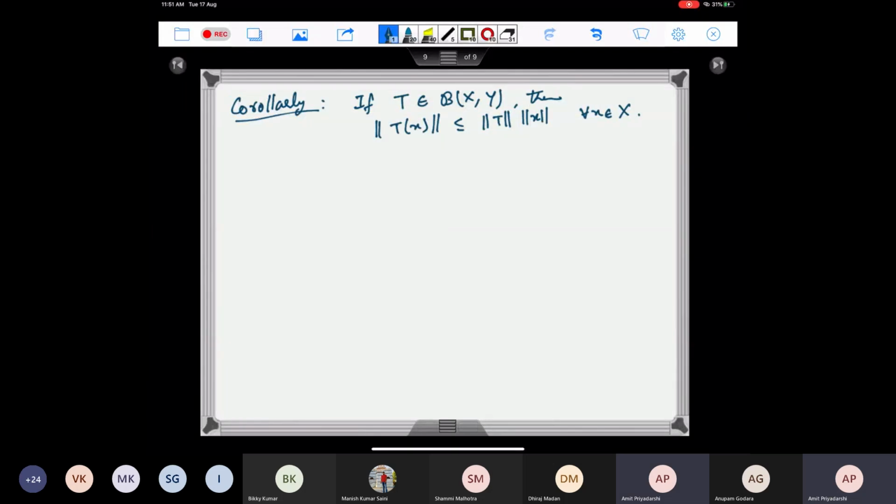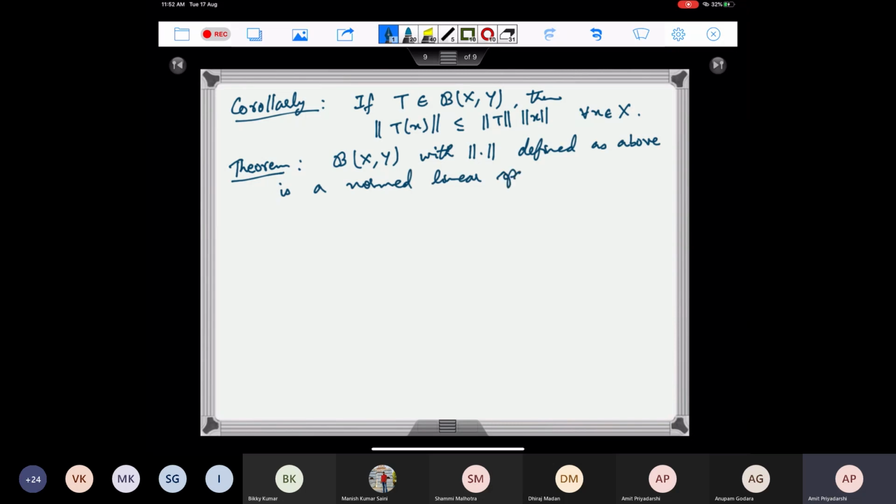So next, let me write this theorem. This B(X,Y) with the norm defined as above is a normed linear space.